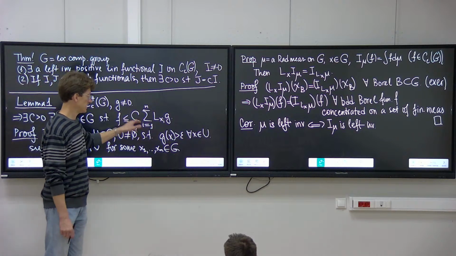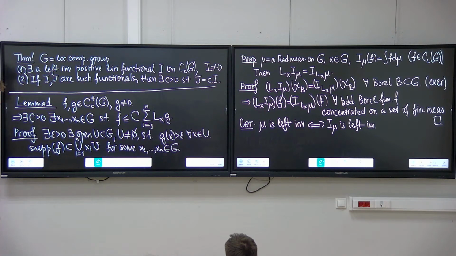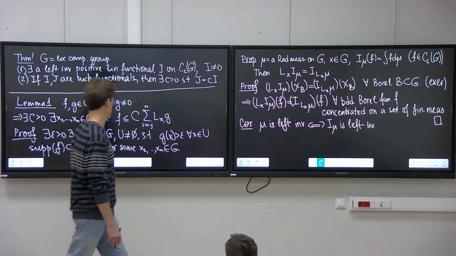So this function will be strictly bigger than epsilon everywhere on the support of f, and that's it.